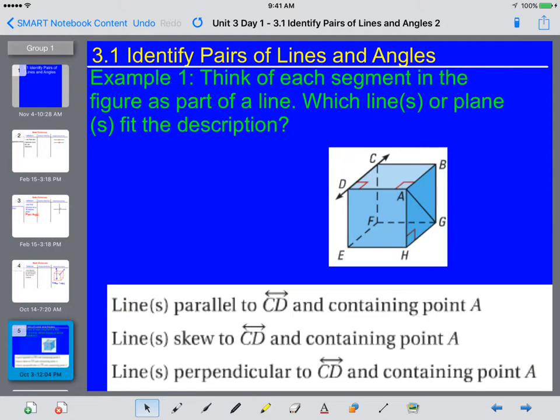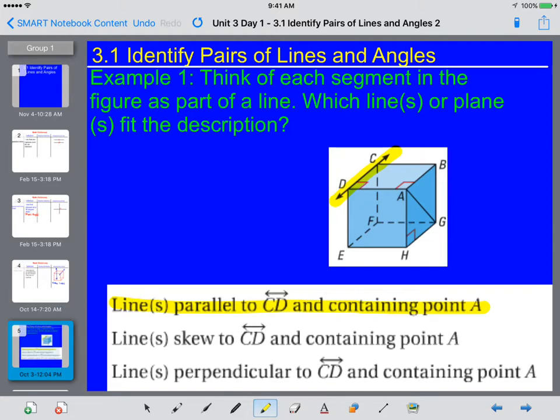So think of each segment in the figure as part of a line. Which lines or planes fit the description? Lines parallel to CD and containing point A. Let me highlight this. Well, here is line CD.